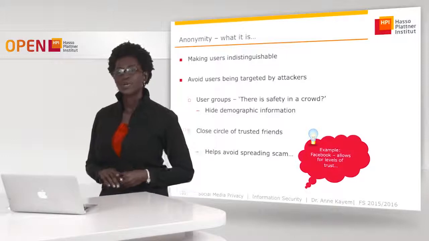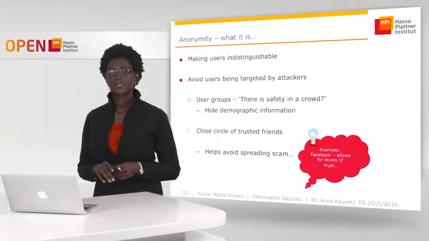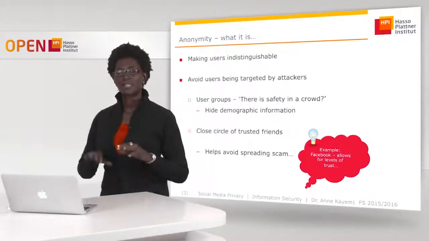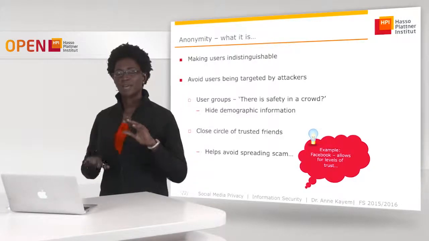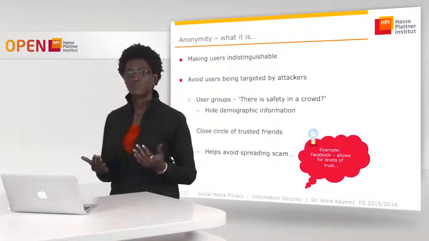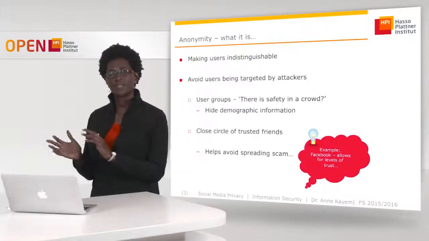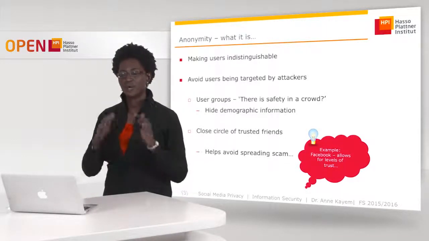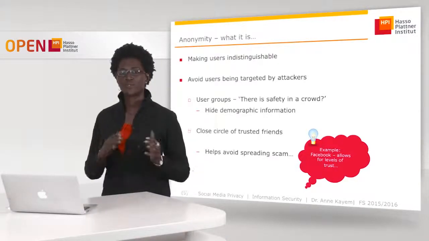Okay. So the nice thing, for example, about Facebook is that it allows you to have these different levels of trust. I talk about Facebook because it has defined that quite nicely. You have categories of trust that you can define.